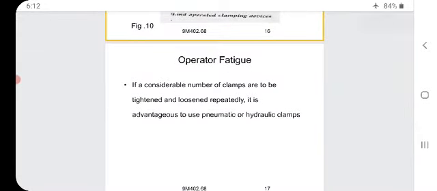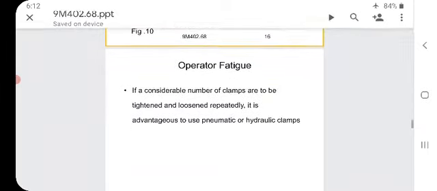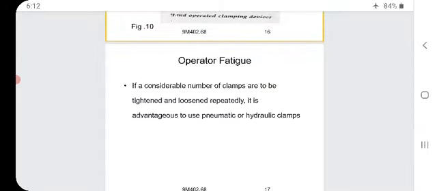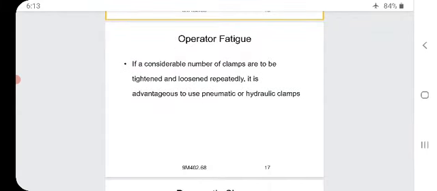So, operator fatigue. If a considerable number of clamps are to be tightened and loosened repeatedly, it is an advantage to use pneumatic or hydraulic clamps. What is it telling? If we use mechanical clamps and repeatedly tighten or loosen them, the operator may become weak.